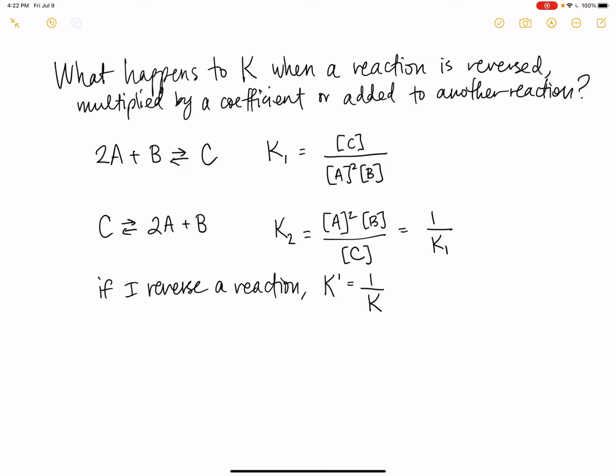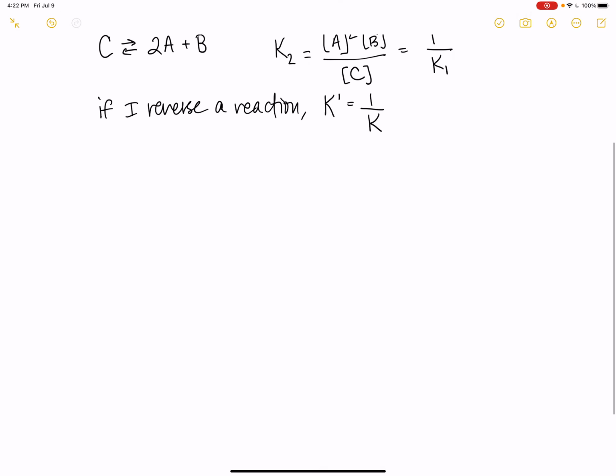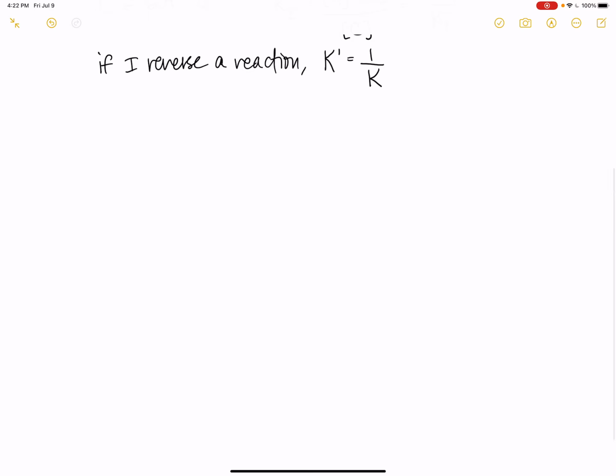Now, what if instead of reversing it, I'm going to now multiply by a coefficient? So let's take my same reaction, 2A plus B makes C. And we're going to say now our K is 100, just picking an easy number here. And now, for whatever reason, I've got to multiply this whole thing by 2. I need 4 A's.